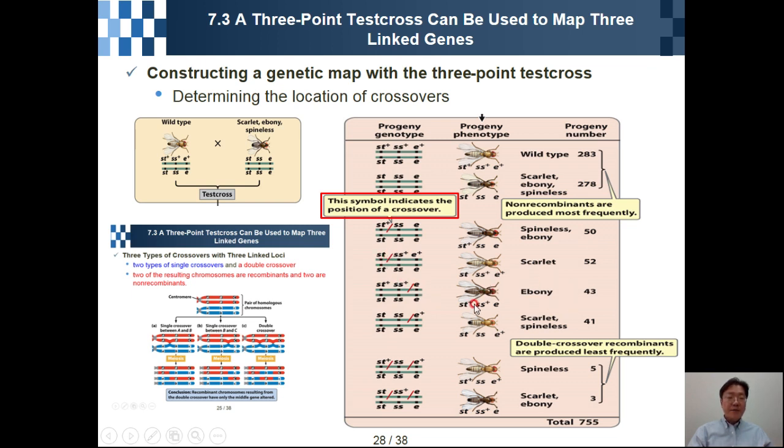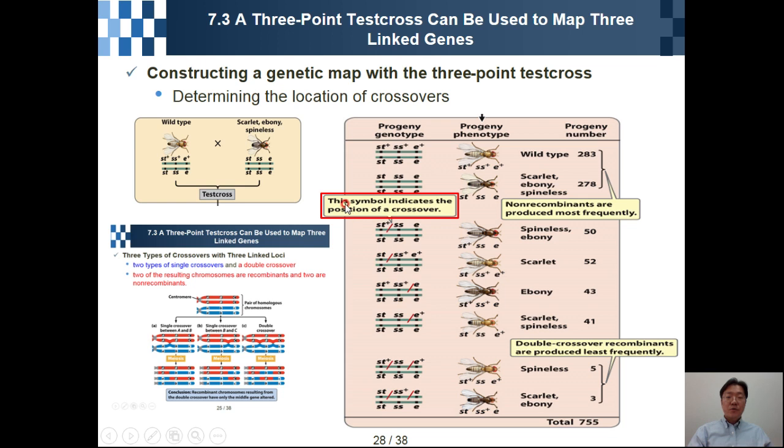How about these cases? When we compare this ebony with the wild type, only ebony is different. So when we compare this one and this one, only ebony is different. That means the crossover happened between the spineless and the ebony, like this.